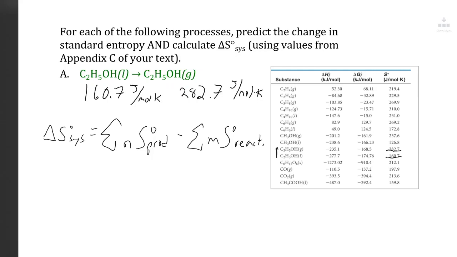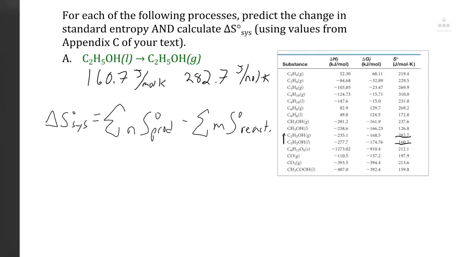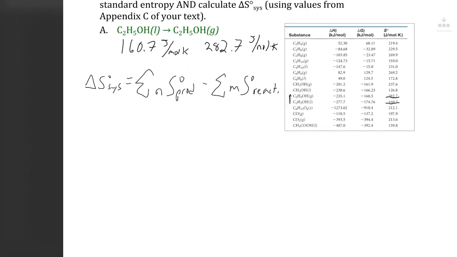Now we just need to fill this in. This one's relatively simple, since we just have 1 mole of each. So delta S of the system is equal to, and these brackets are used because a lot of times you have multiple things on each side, so let's look at our products.